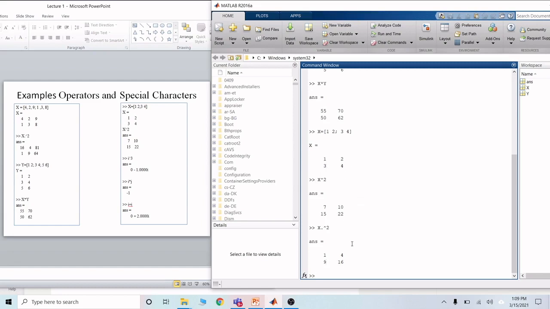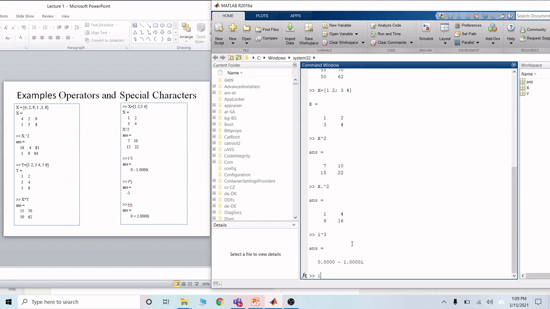The difference between dot cap and cap: like i cap 3. i means under root minus 1. i cap 3 is minus i.